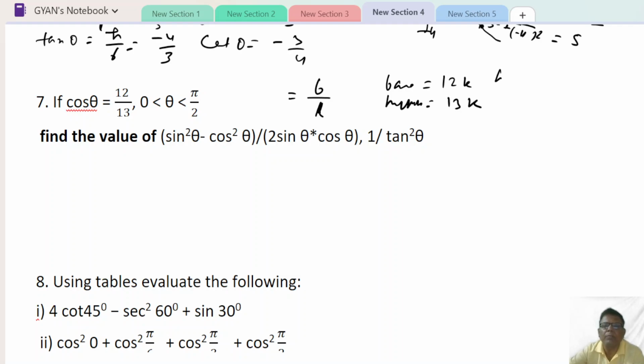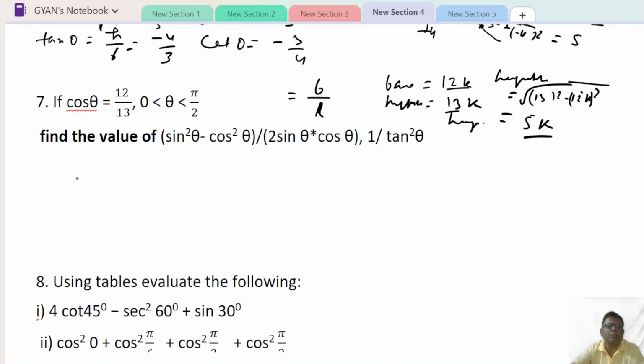So height will be root of 13k square minus 12k square. So that will be equal to 5k. So height becomes 5k, base becomes 12k. Then everything you can find out.